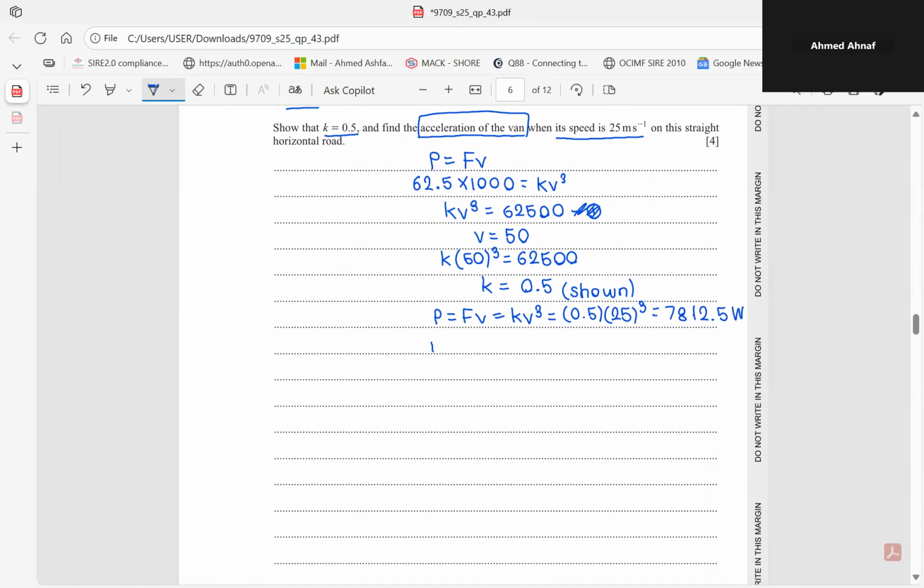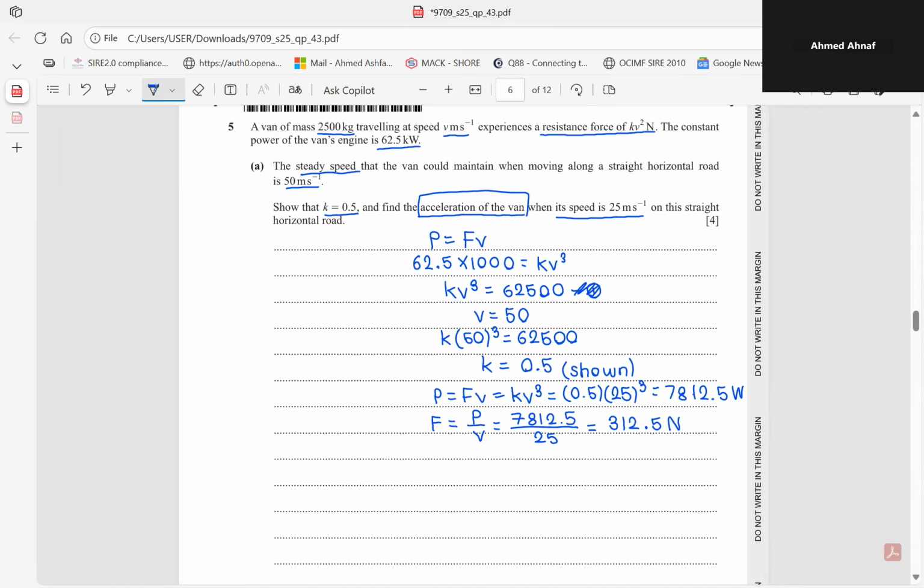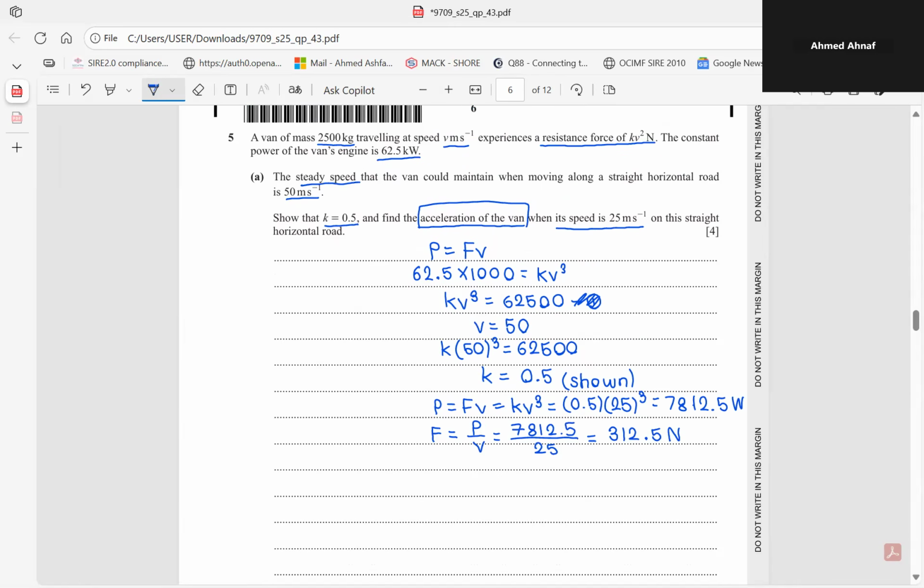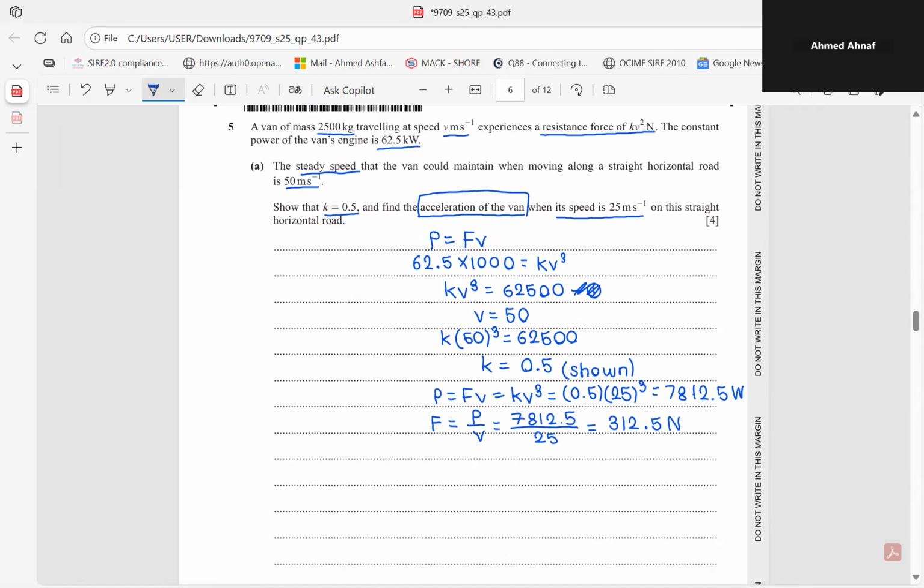Okay, and now we can find the force using P over v. So that is 7812.5 divided by v, which is 25. So you would get 312.5 newtons. So this is the force that is exerted by the engine.